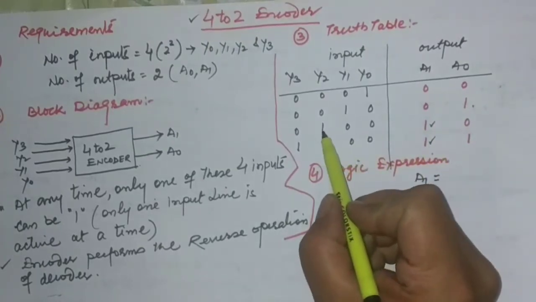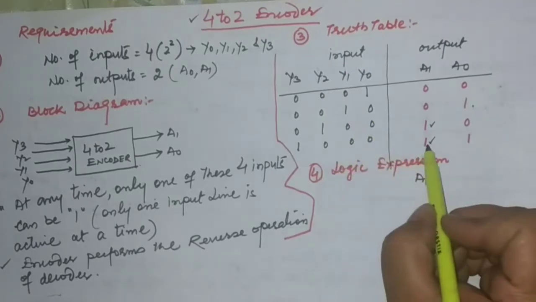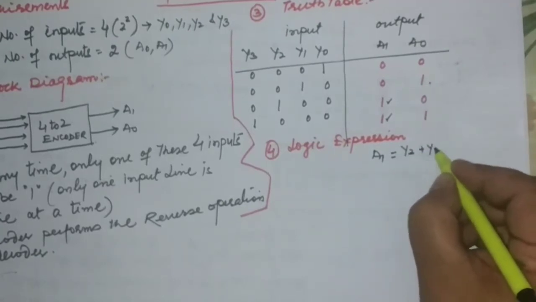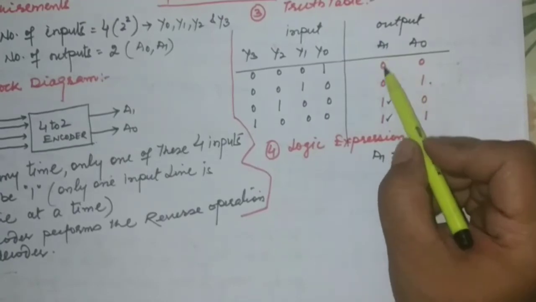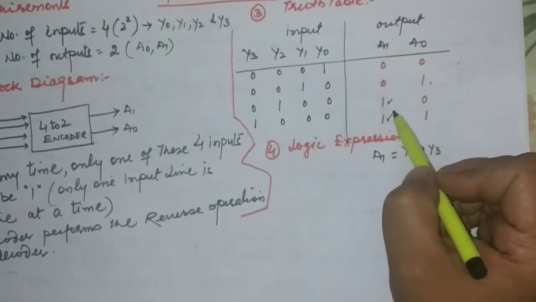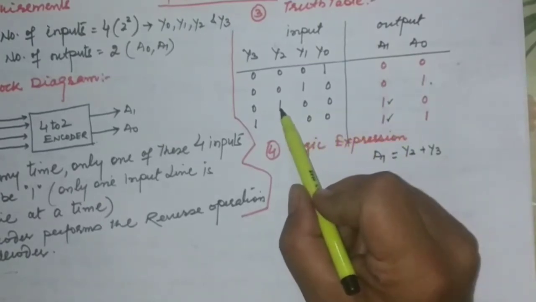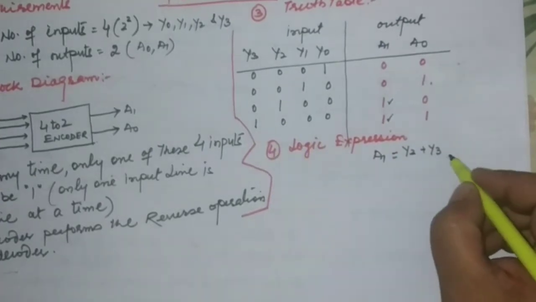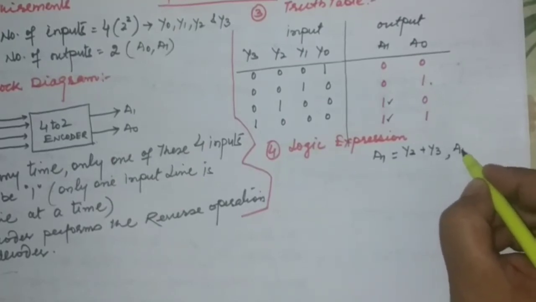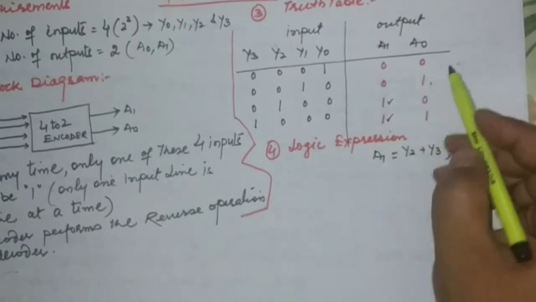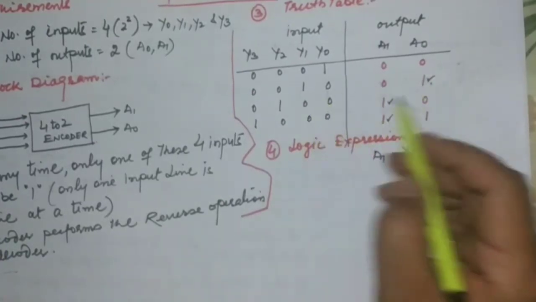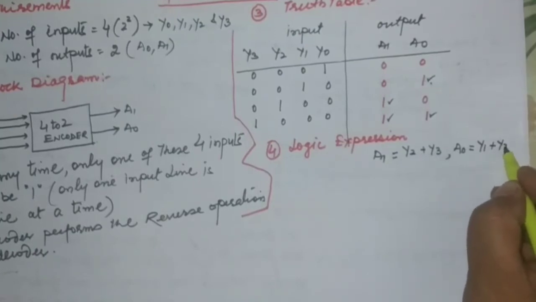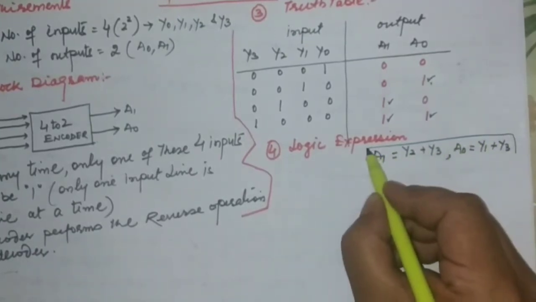See the corresponding inputs: y2 is 1, so y2, and y3 is also 1, so y3. So I can write it as y2 plus y3. In the same way for A0, the logic expression: see two values of 1, this corresponds to y1, and this other 1 corresponds to y3. So A0 equals y1 plus y3. This is the logic expression for the two outputs.